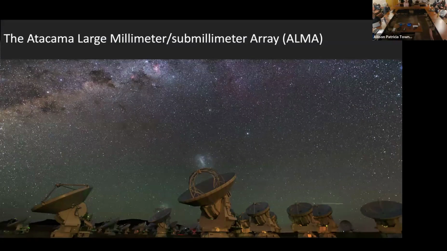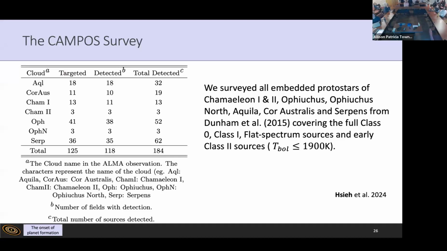We use the Atacama Large Millimeter Array, which consists of fifty 12-meter dishes, to observe protoplanetary disks, nearly all the embedded protostars in 7 nearby molecular clouds: Chamaeleon 1, Chamaeleon 2, Ophiuchus, Ophiuchus North, Aquila, Corona Australis, and Serpens.